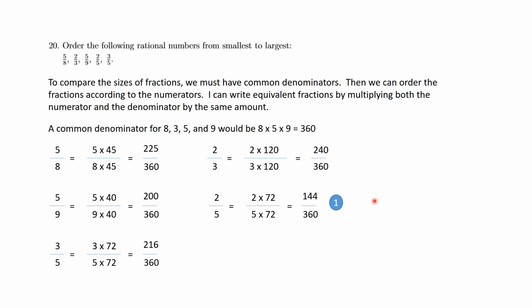And then the next smallest would be 200 out of 360. Now, I'm going to write the answers not as equivalent fractions, but as the original reduced fractions. So the smallest, of course, would be 2/5, and then 5/9, 3/5, 5/8, and 2/3.